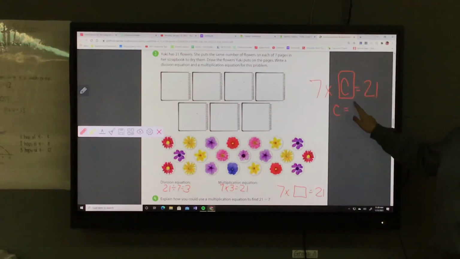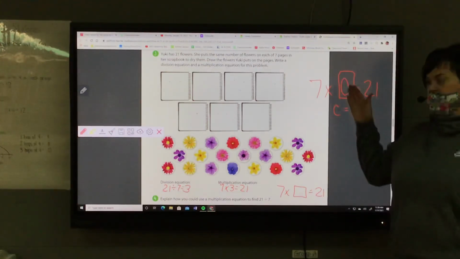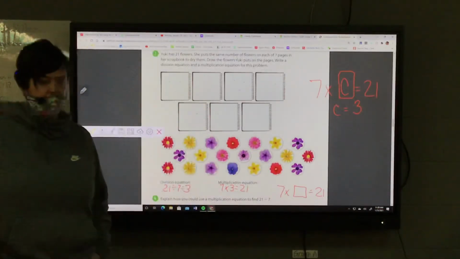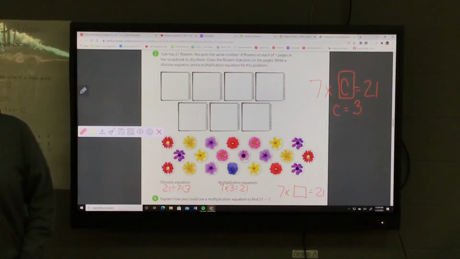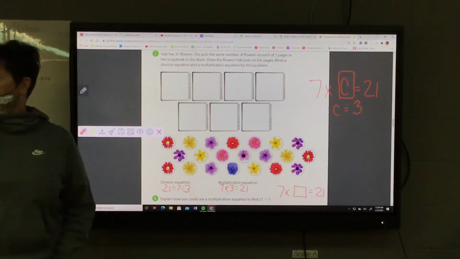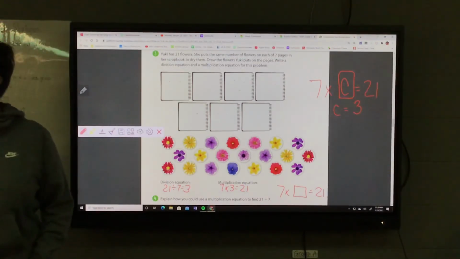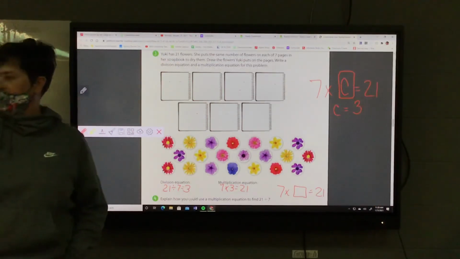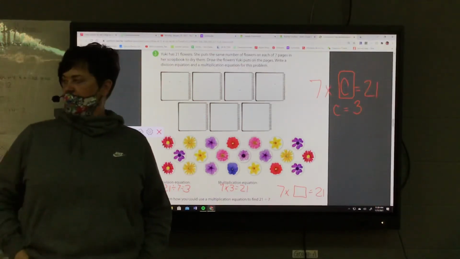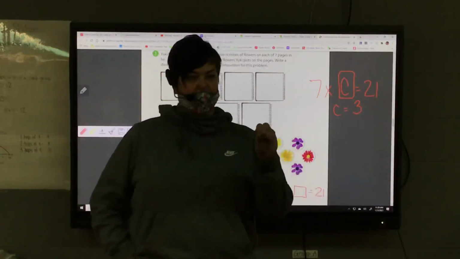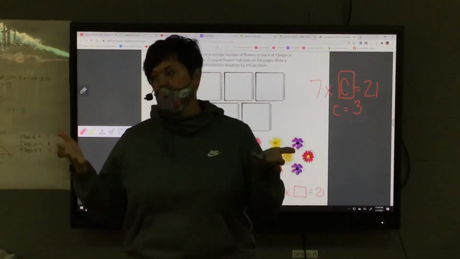So C equals 3, because 7 times 3 equals 21. On the example on the board, I did S, I did C, I did F. Variables are just when they put a letter in a spot that you have to solve for.